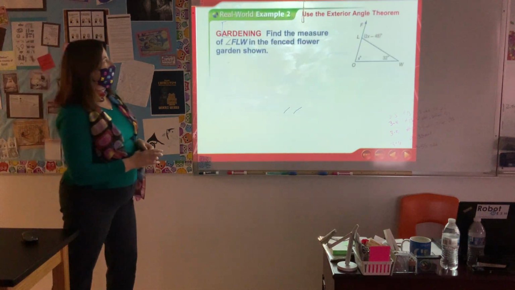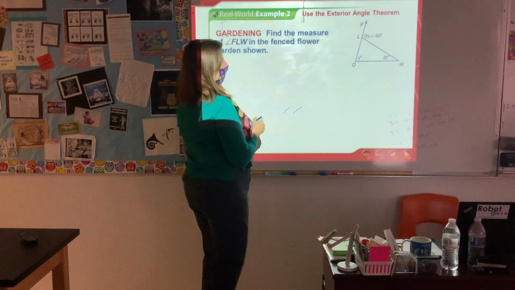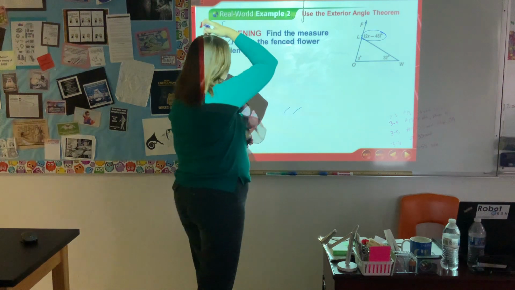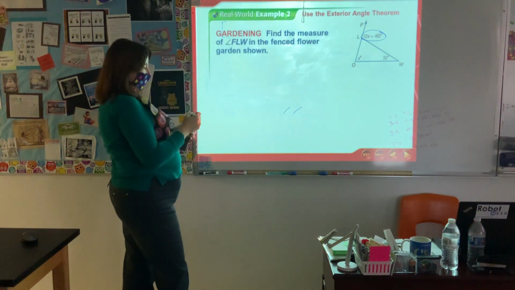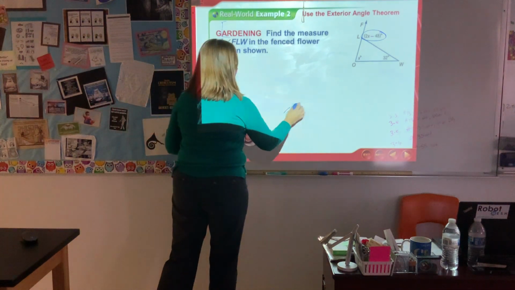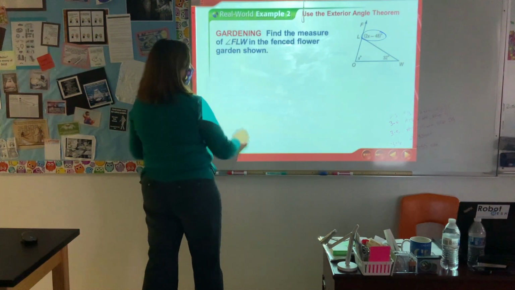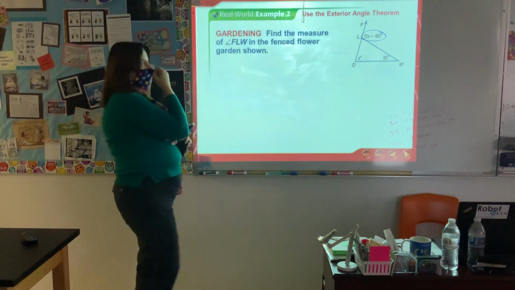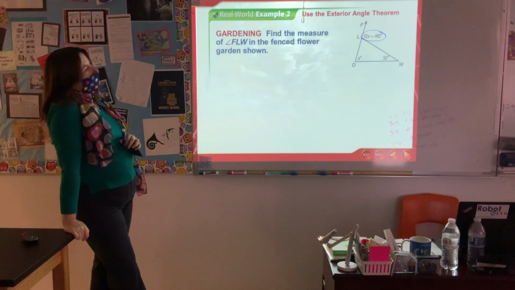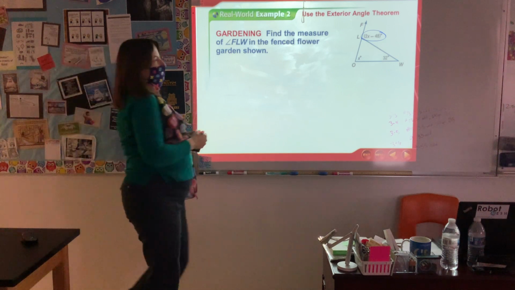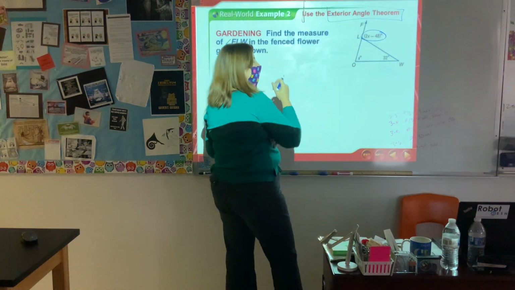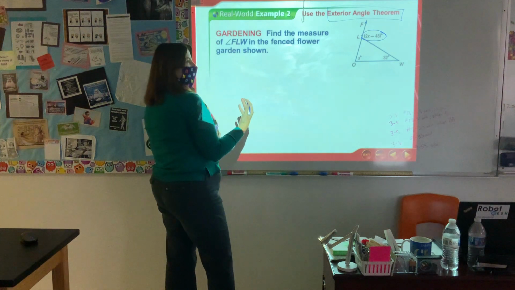Okay, find the measure of angle FLW. We need to know what this is in this particular image. Where do you begin? Some people are like, this looks like a mess. What was the theorem that we just learned? What did that theorem tell us?